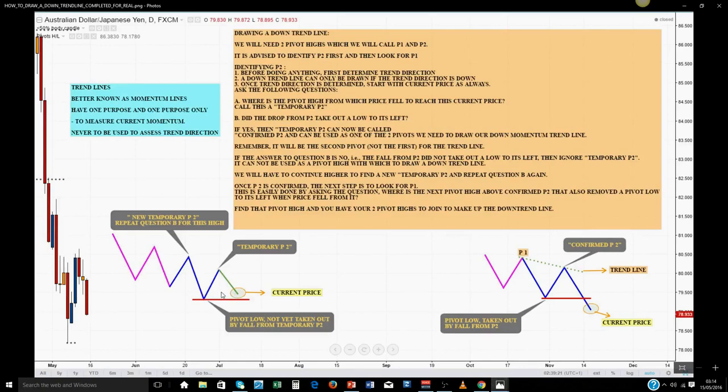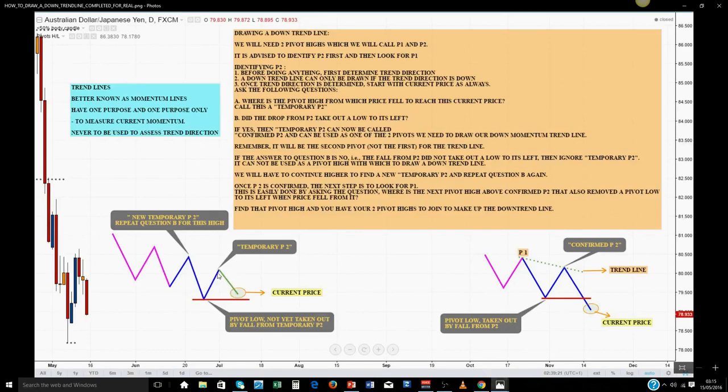If the answer in this first scenario, as it is drawn here, is no, then you cannot use this as one of the two pivot highs to join your downtrend line.